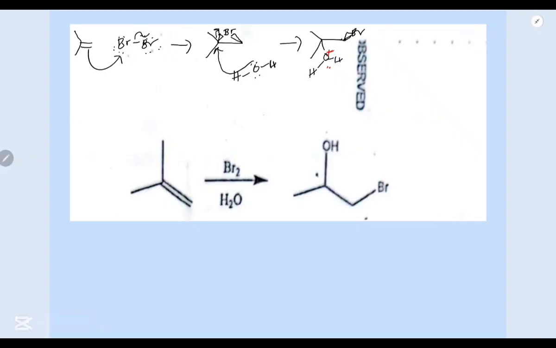From there now, this water which has been added is not stable. It's a good leaving group, so it may leave.